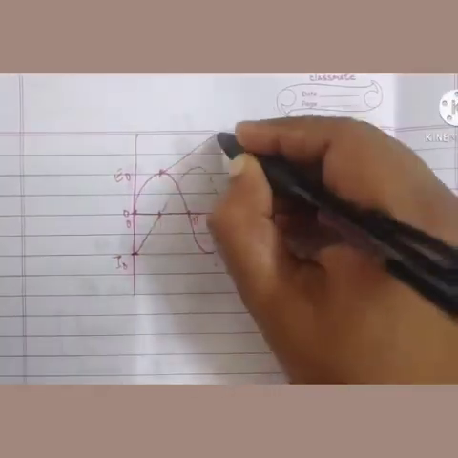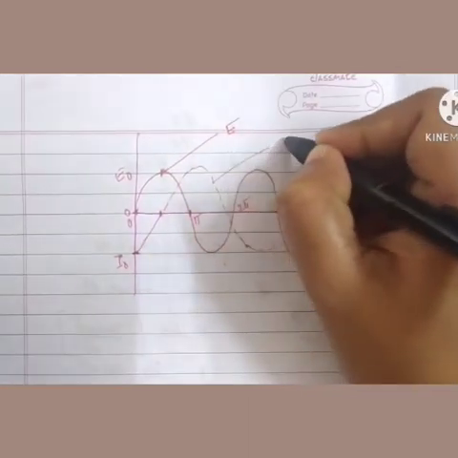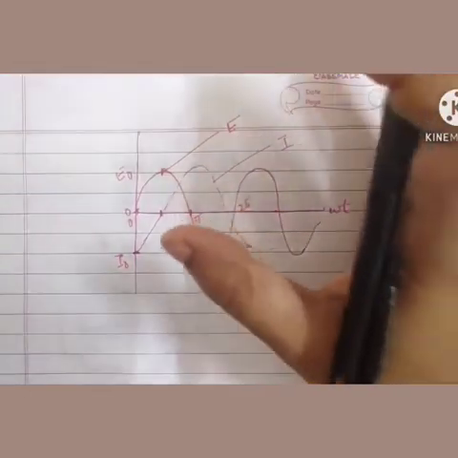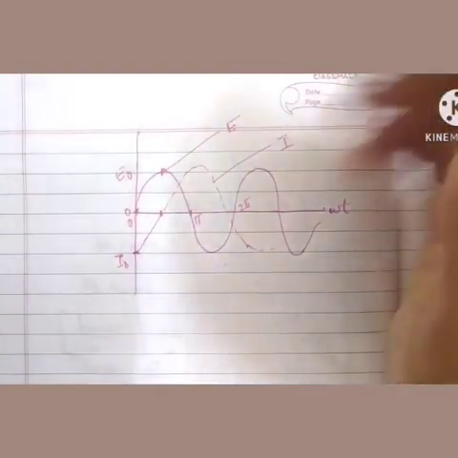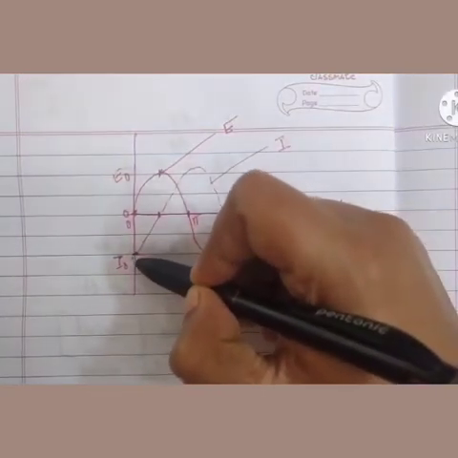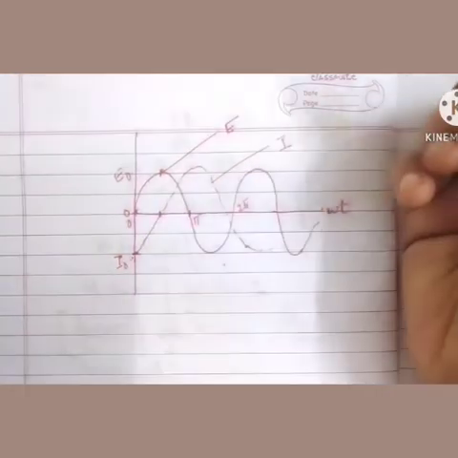This is the instantaneous EMF and this is the graph for current. This is the graphical representation. Current lags behind by 90 degrees, or EMF leads current by 90 degrees.